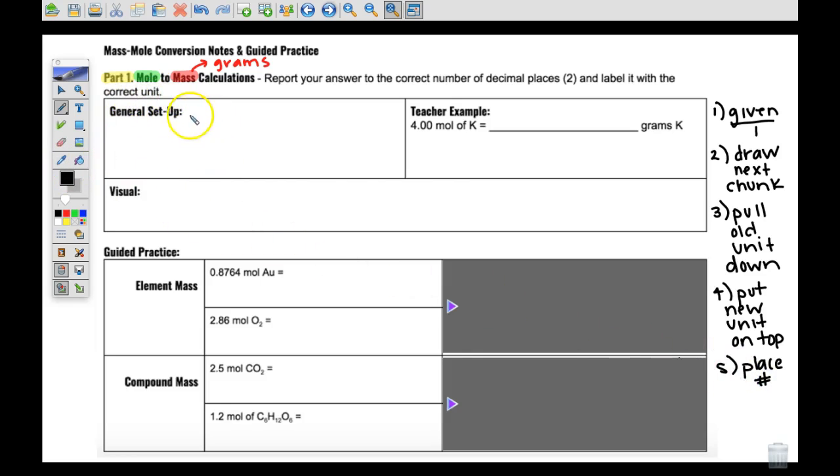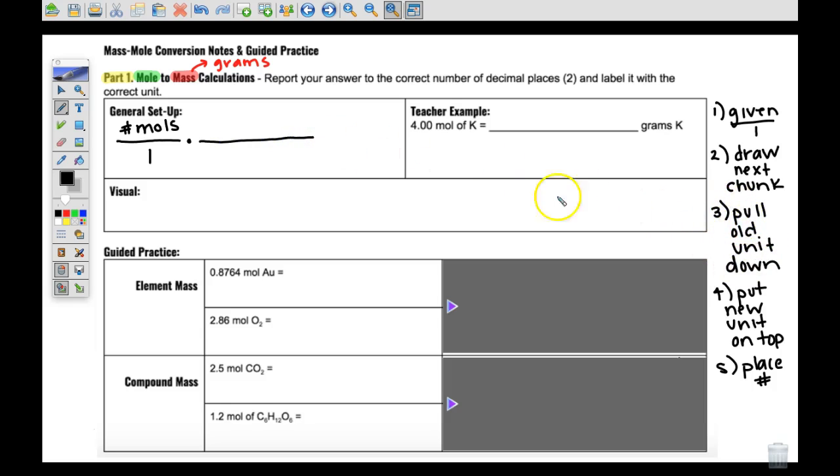So let's focus on a general setup going from mole to mass conversions. Our first step, putting our given over 1, would look like this. And because we're starting with mole, that would imply that our given is in moles. My second step is to draw my next chunk. And there it is.